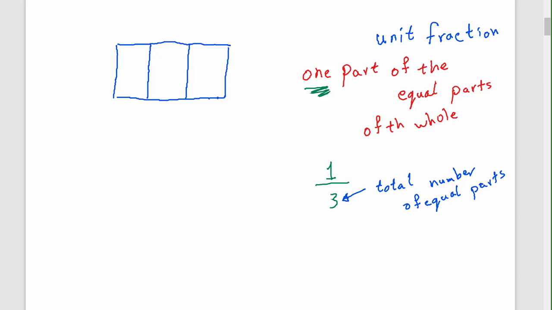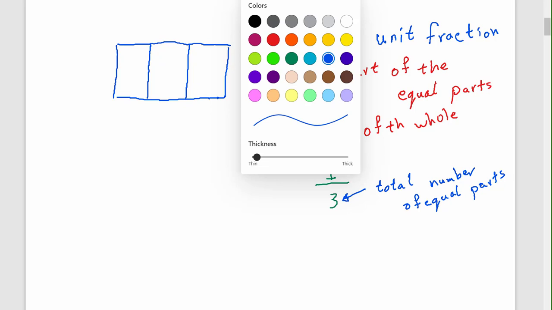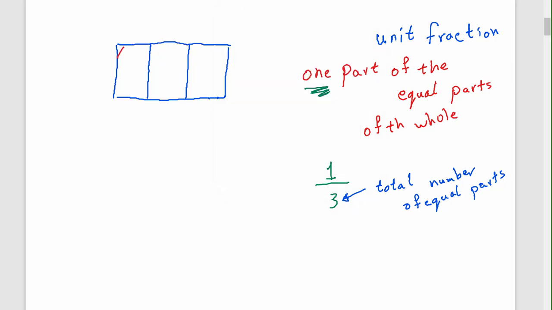And if I move back to the rectangle and I shade 2 parts here, in this case, to represent this fraction, we need to know the unit fraction, which is 1/3. We know it already. And we need to know how many parts are shaded.